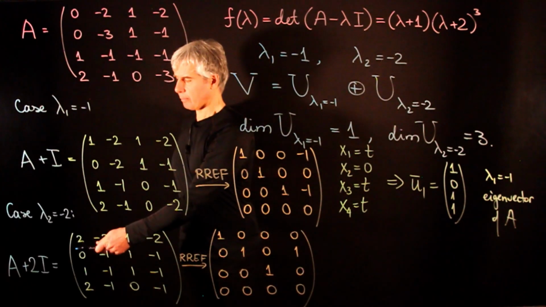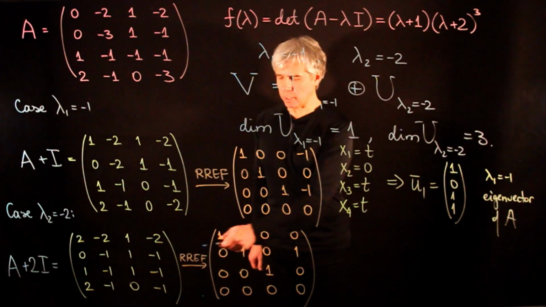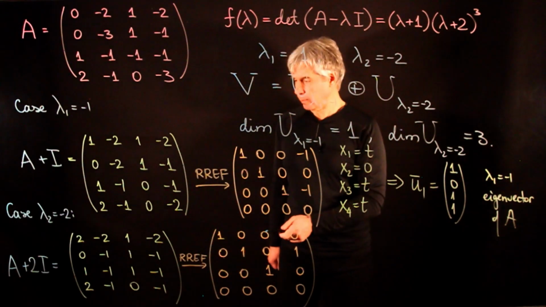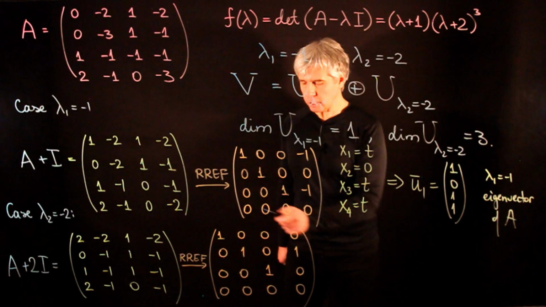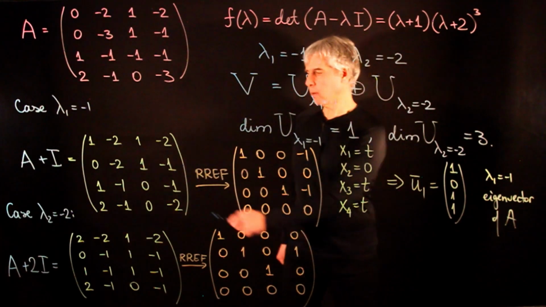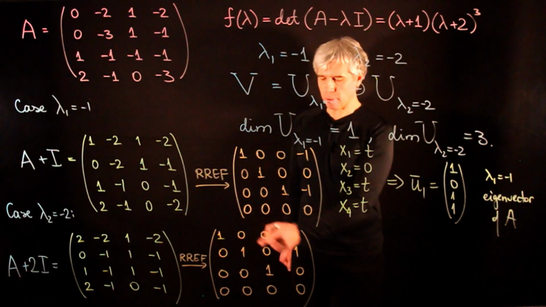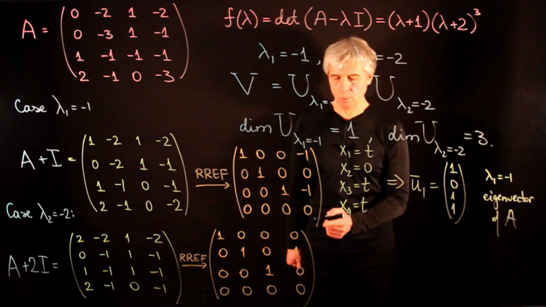Let us consider the matrix A plus 2I and bring it to reduced row echelon form. To save time, I skipped the calculations, and so here is the answer. So this will be the reduced row echelon form of A plus 2I. The rank of this matrix is equal to 3, and the nullity is equal to 1.